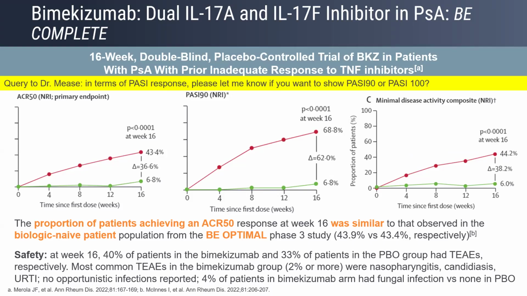And there are similar studies in both radiographic axial SpA or ankylosing spondylitis and non-radiographic axial SpA that show it works really well. And in some instances, some of the measures possibly even better than the IL-17A inhibitors, Cosentyx and Taltz. So this adds a little broader inhibition of the interleukin-17 family.